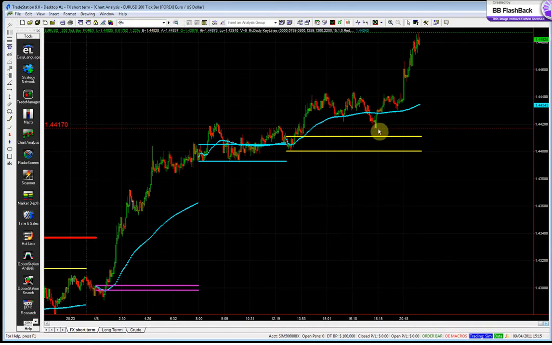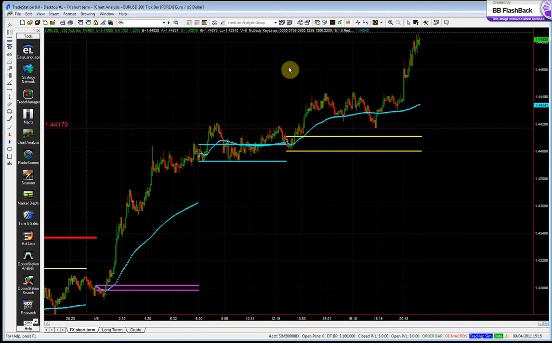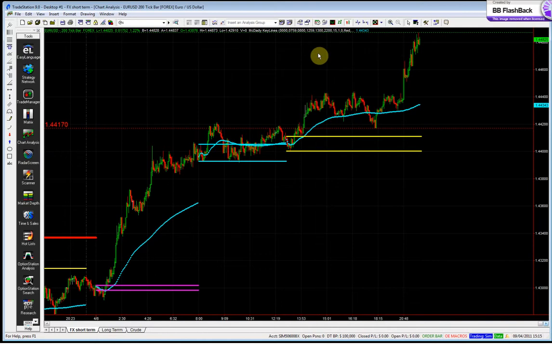So if we're going long at 144.87, where's our stop going to be? Well, again, this is a straight line.